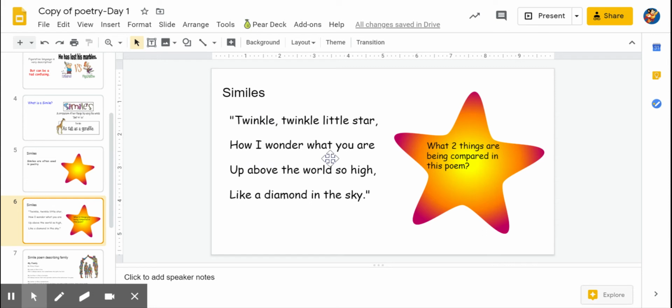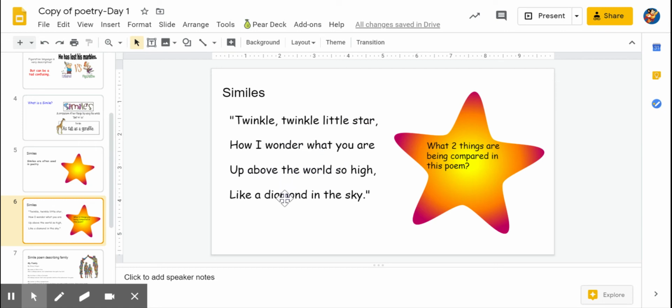Twinkle, twinkle, little star, how I wonder where you are, up above the world so high, like a diamond in the sky. So, what are two things that are being compared in this poem? Nothing in the first line, nothing in the second line, nothing in the third line.